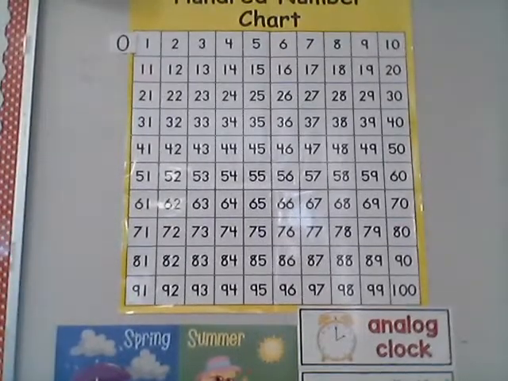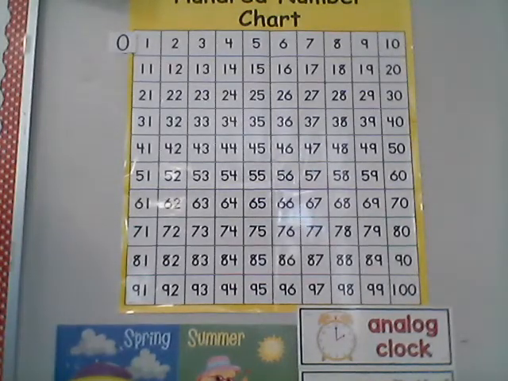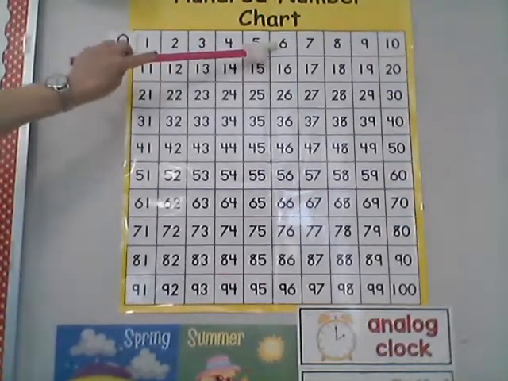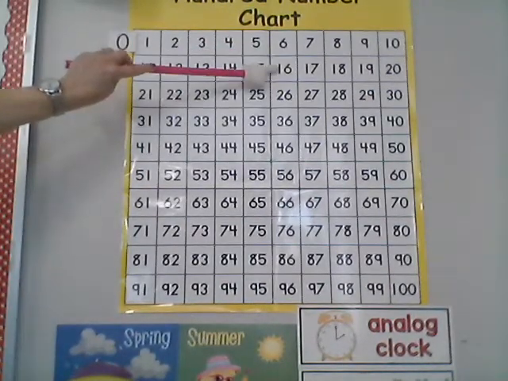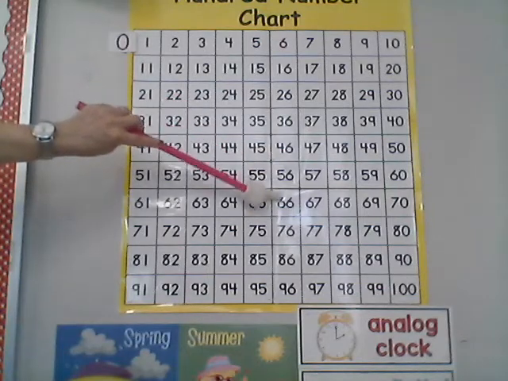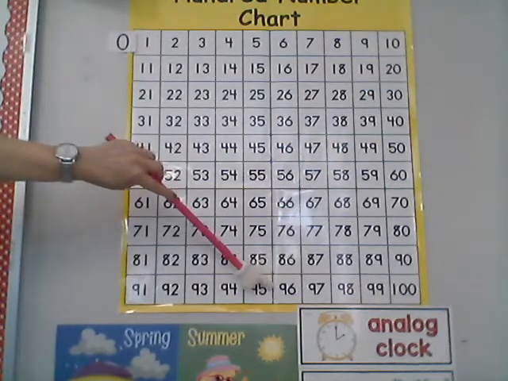And today we started with sixes on today's pattern. So let's start off with that. So here we go. We're going to start with 6. 6, 16, 26, 36, 46, 56, 66, 76, 86, 96.